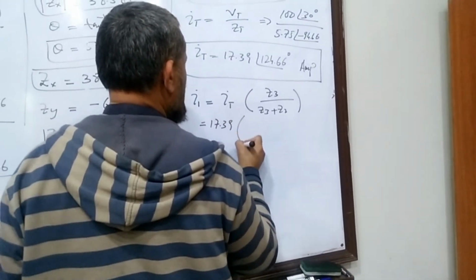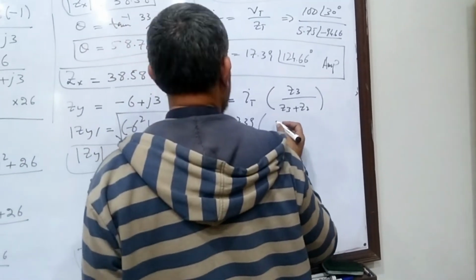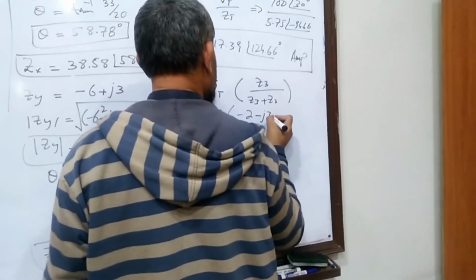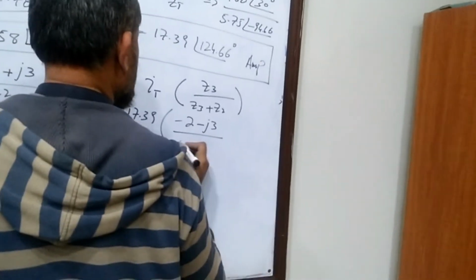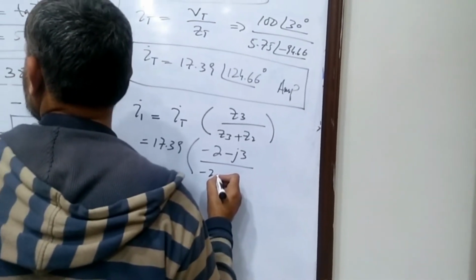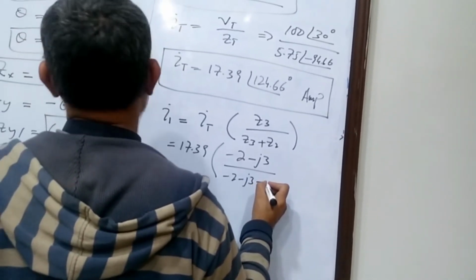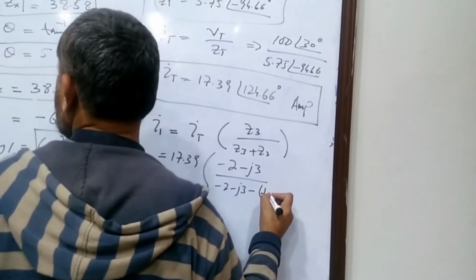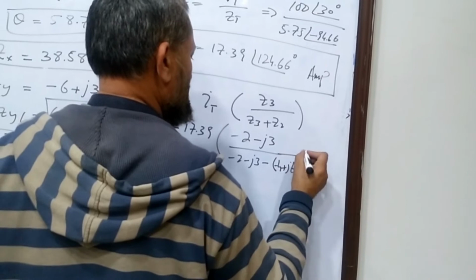1.739 into Z3, minus 2 minus j3, divided by minus 2 minus j3 minus 4, that is minus 4, and plus j6. Understand?